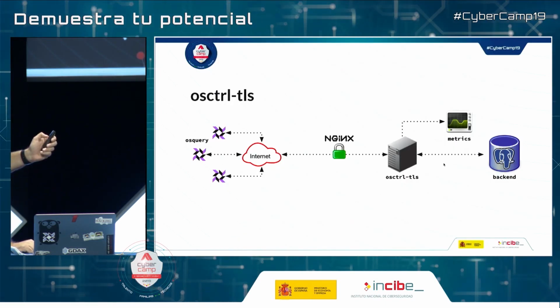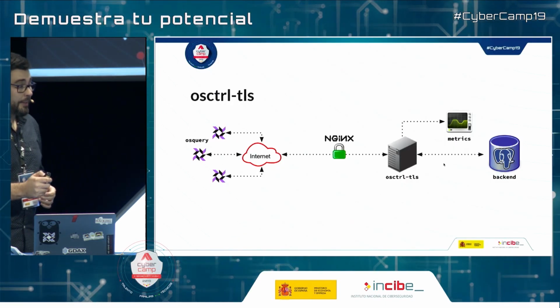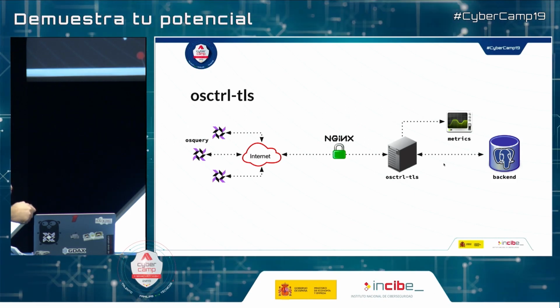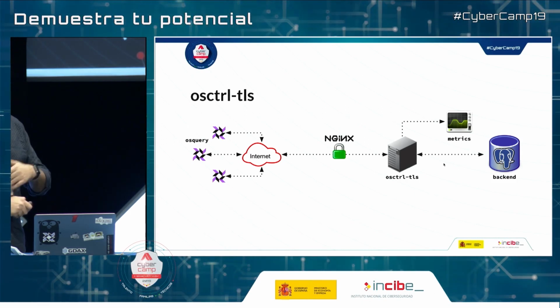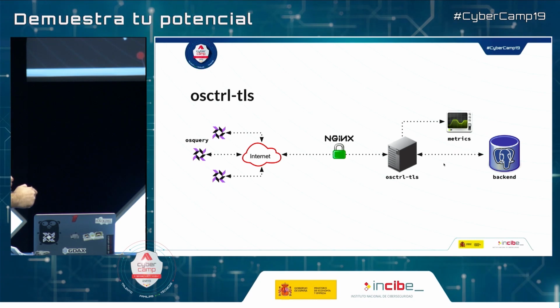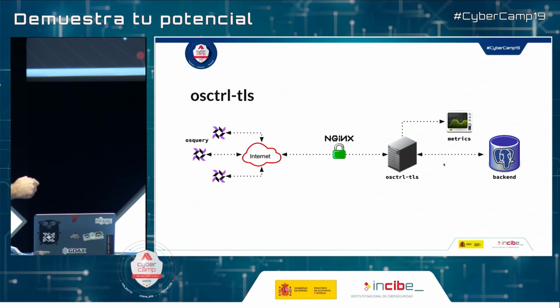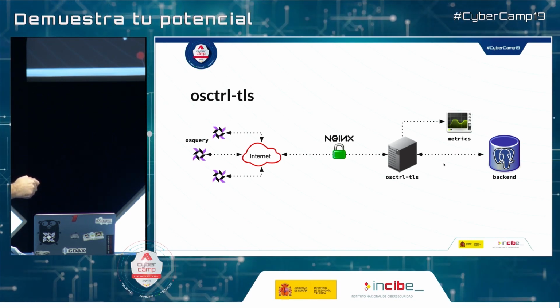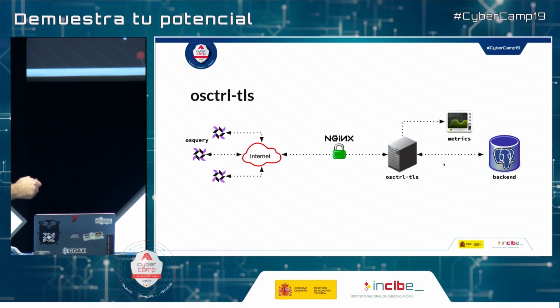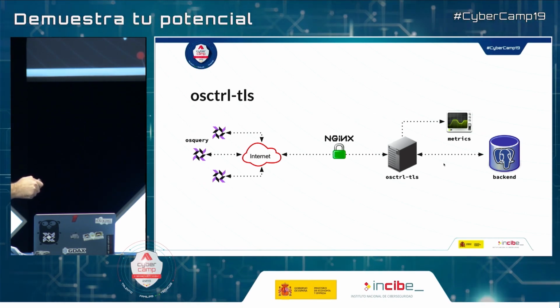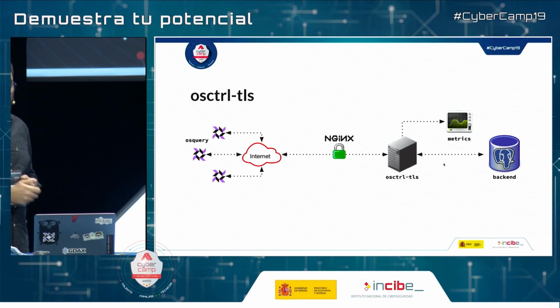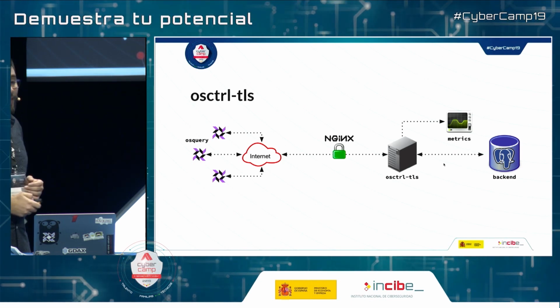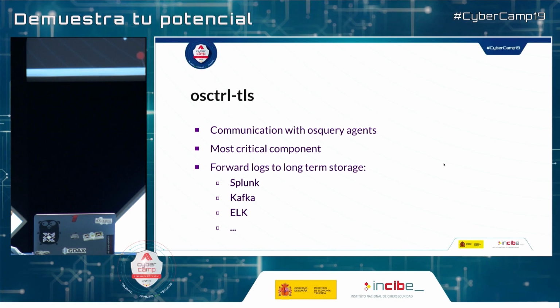This looks like a kind of crazy diagram, but the TLS service is what stores and receives the logs and distributes the configuration. So there are the osquery nodes, which connect through the internet, through NGINX. It emits metrics, and the information is stored in the database.